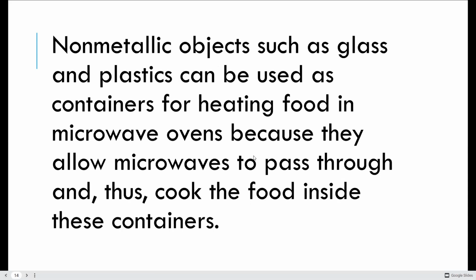Non-metallic objects such as glass and plastics can be used as containers for heating the food in the microwave oven because they allow microwaves to pass through and thus cook the food inside these containers. But take note that there are some glass that is non-microwavable. You cannot use that one in the microwave or else the glass can shatter.